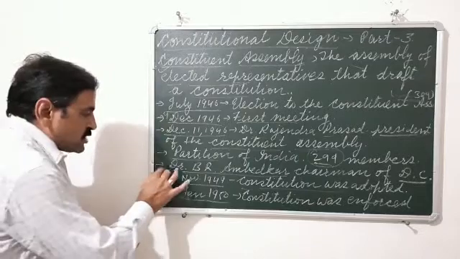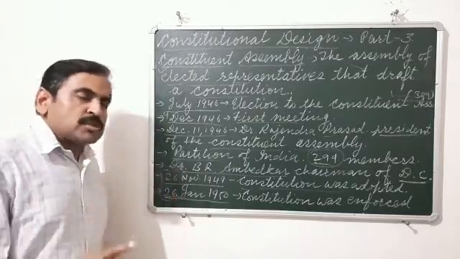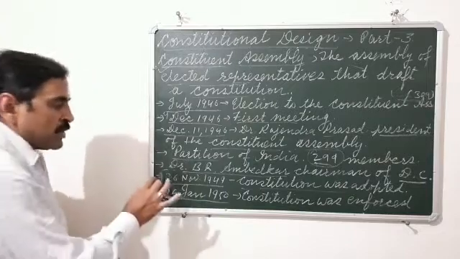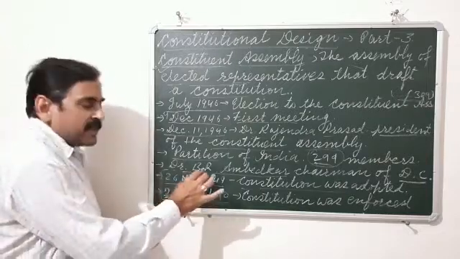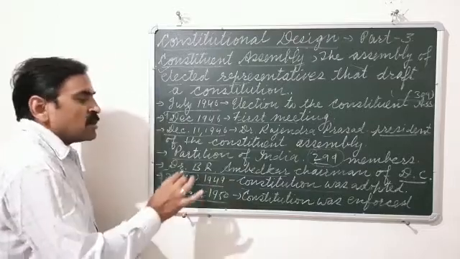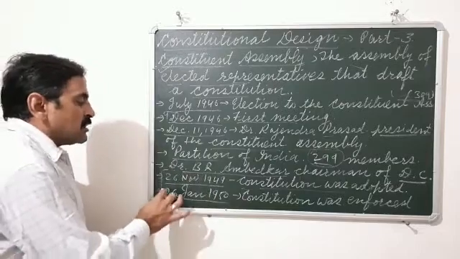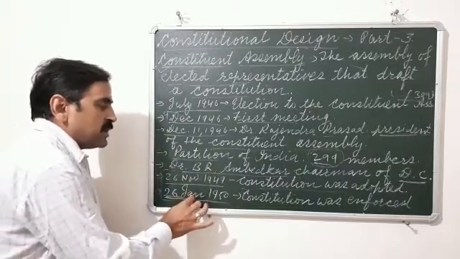So there are two questions you must understand. When was the Constitution of India adopted? 26 November 1949. When was the Constitution of India enforced? That is 26 January 1950.